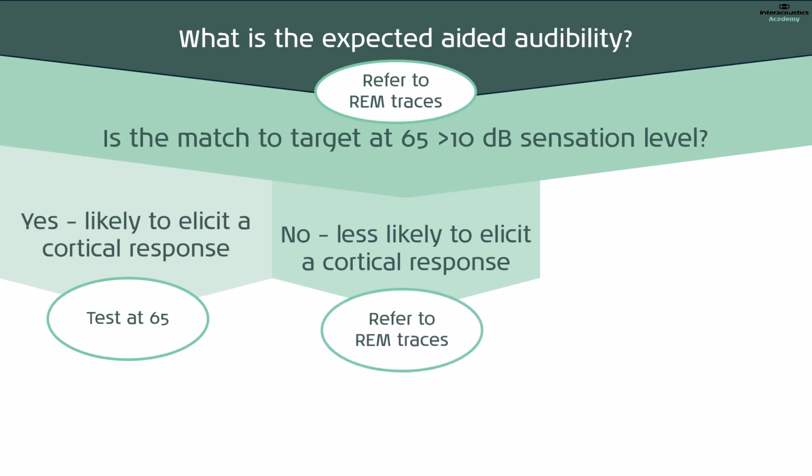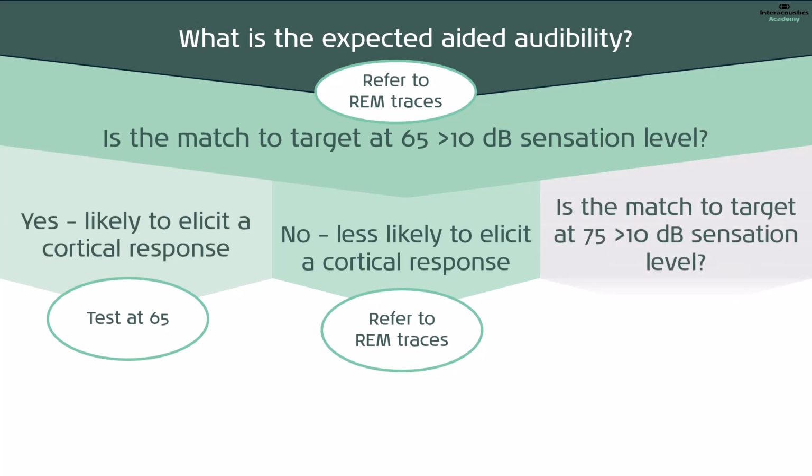The next step is to refer to the 75 REM traces. And if the match to target at this level is greater than 10 dB above threshold, then testing can begin at this presentation level. Remember, this needs to be checked for the individual stimuli regions across the REM traces.